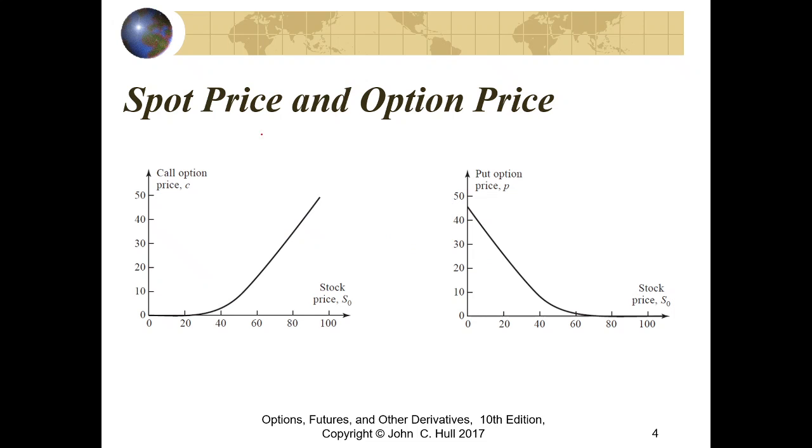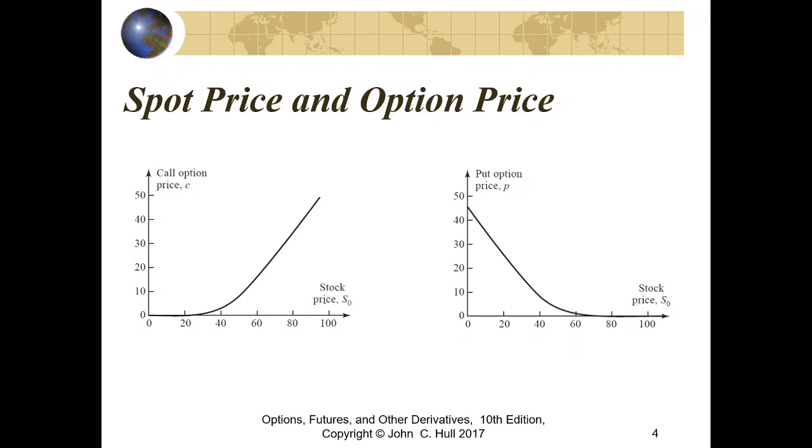Let's look at the effect of the underlying spot price on the option price. Now, first, let's look at call option prices, the relationship between call option prices and the underlying stock price. We observe from the chart that as we increase the underlying stock price, the call option price will increase. Now that's intuitive. If the strike price is fixed and the time to expiration is fixed, this means that the difference between the spot price and the strike price will increase.